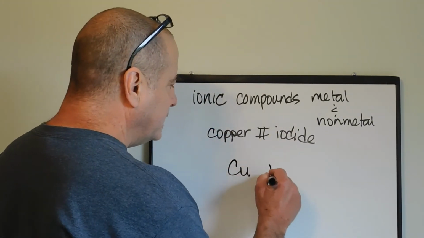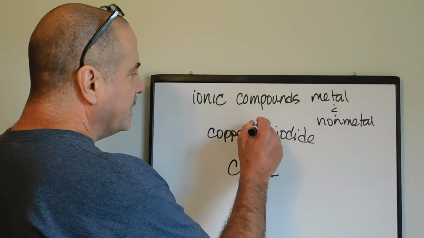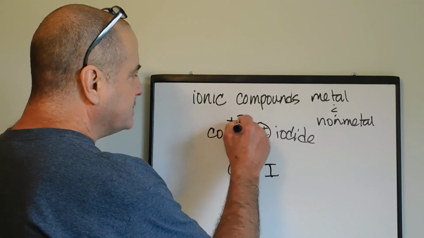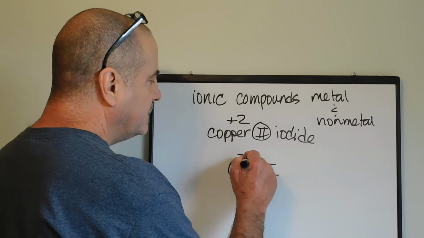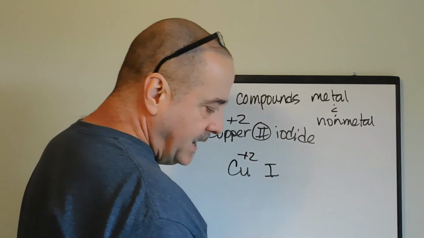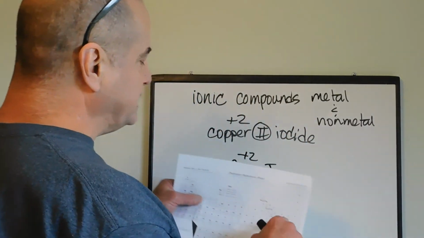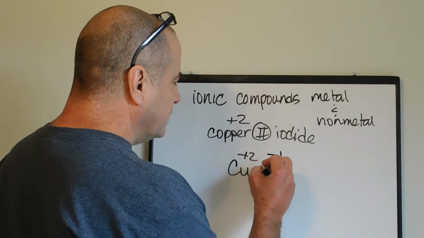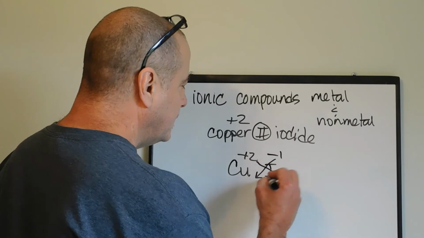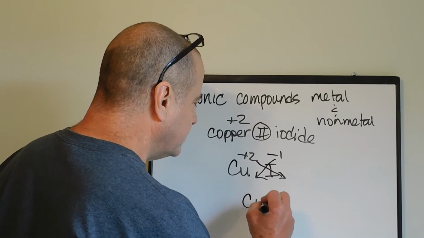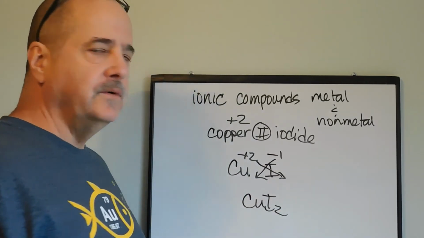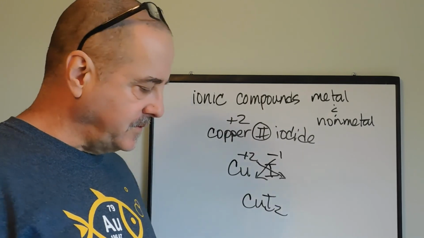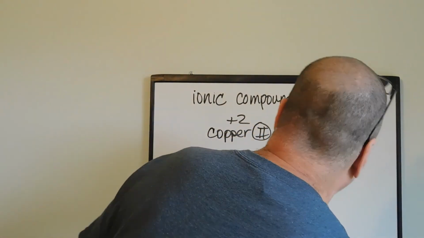You've got iodine here. You know because of this that copper has a +2 charge. You know that iodine, when you look up here, it's in group 17, so it's going to have a -1 charge. Cross them over, and it becomes CuI2. Okay? Let me give you one more of those.